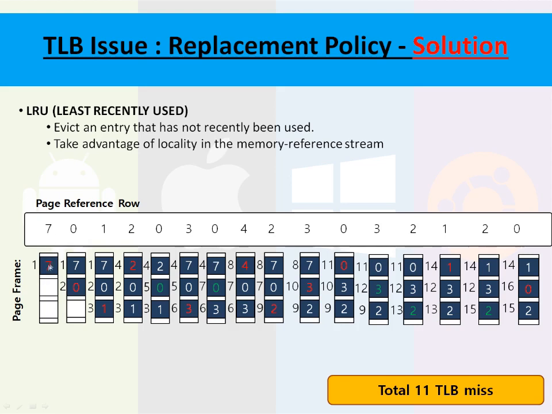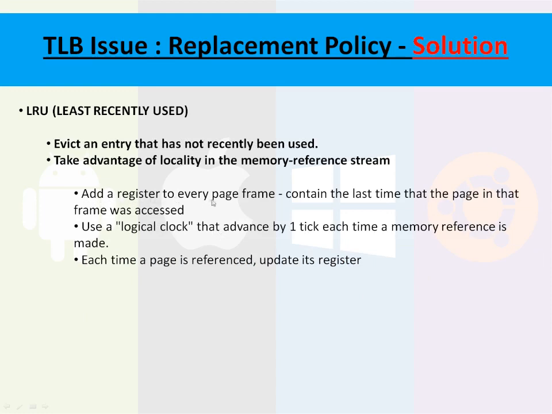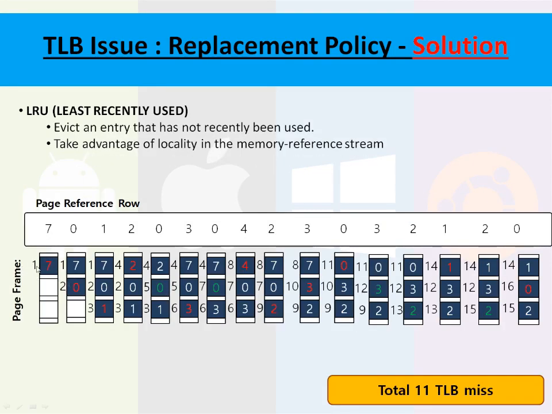So we add 7 in, and the first time step was 1, so that's why it has 1 here, because we add a register to every page frame that contains the last time the page in the frame was accessed. That's this register value. And it's red because it's a TLB miss. The greens will be for TLB hits. And obviously it's a miss, because it's the first time this page was referenced.